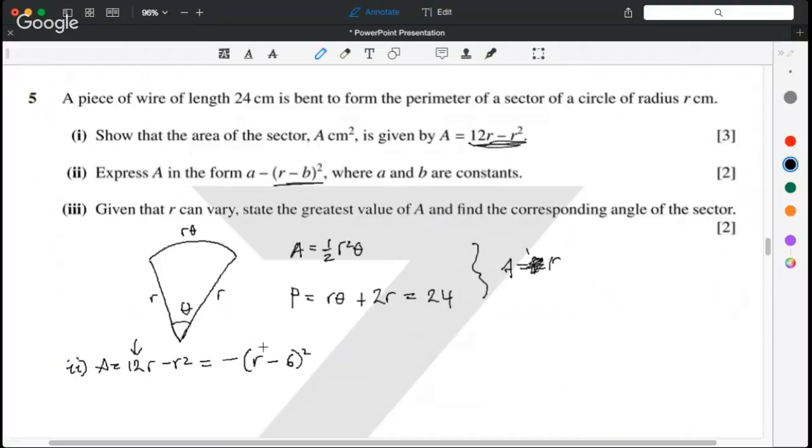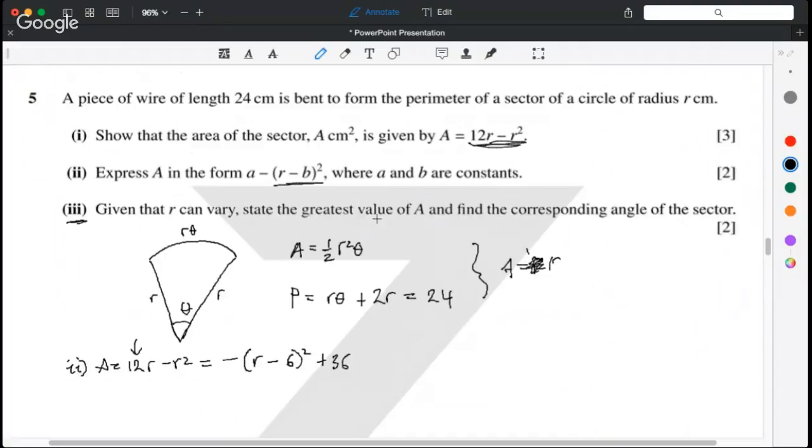Like it's extra, so I have to account for it. So here I will get an extra minus 36, so I have to go plus 36 to account for it. So now we have this. We can solve for the angle.